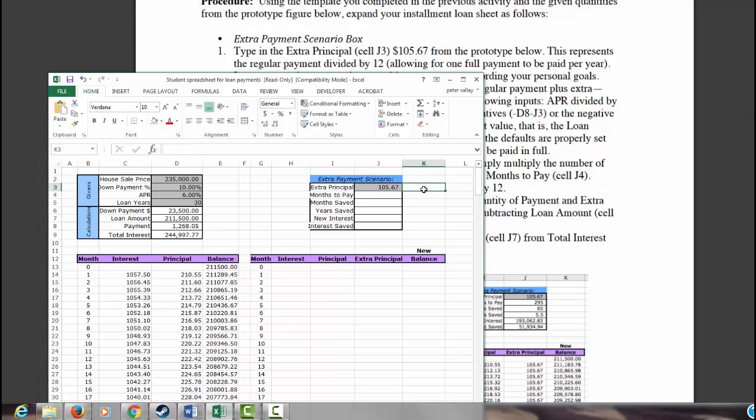So the question is, if I just pay one house payment extra a year, what is that going to do to my overall loan? This is where I think this project gets really interesting. It allows us to play with, what if I add an extra $200, or an extra $50? It's not that there's a magic amount, but the more you're paying, the more you're saving. I think it's helpful for students to see how that works.